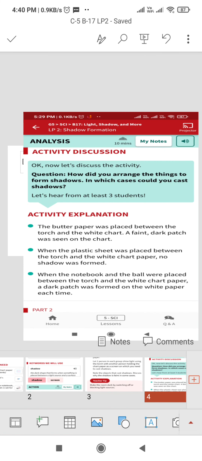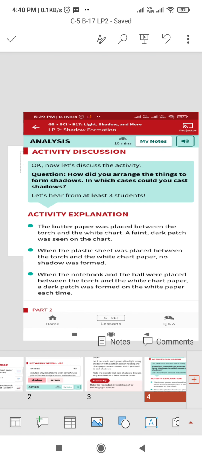So for forming a shadow we need three things. What are those three things? First is an opaque object or translucent object. Opaque objects generally form shadow because they completely block light. Second thing is screen. To form a shadow, what we need?